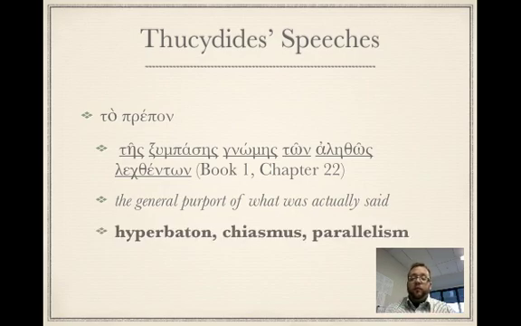If we look at the speeches, there's of course some weirdness going on, for us from an English perspective. The Greek is much more free in its construction of the sentence, and what's very, very important to recall is what a hyperbaton is, a chiasmus, a parallelism.